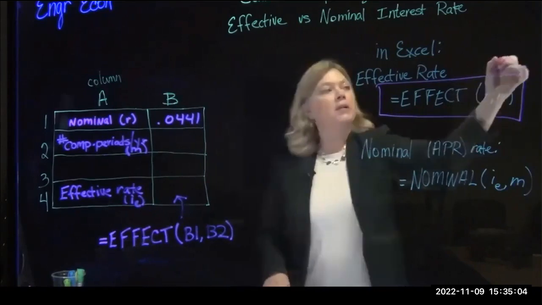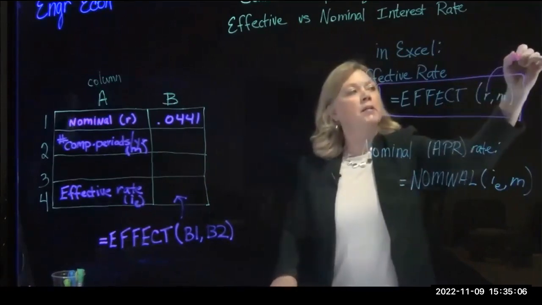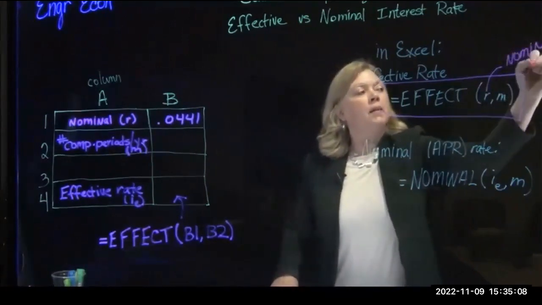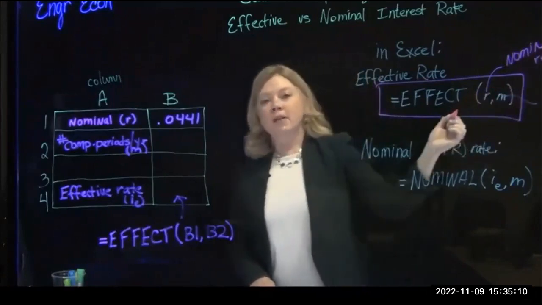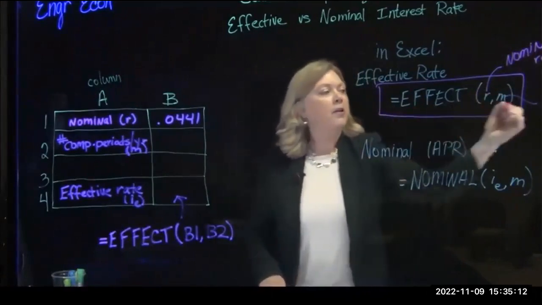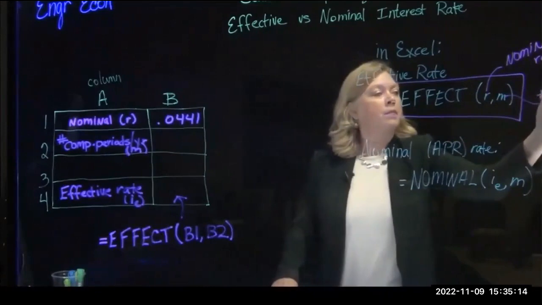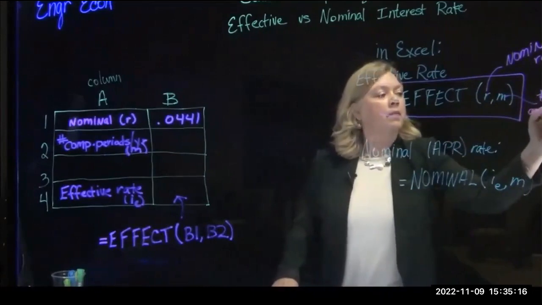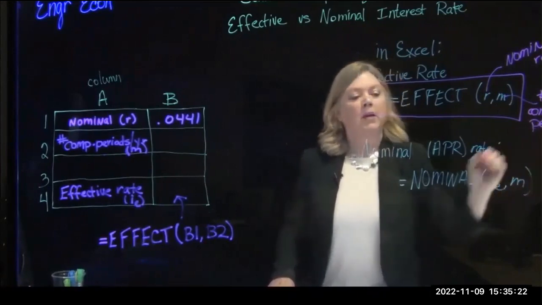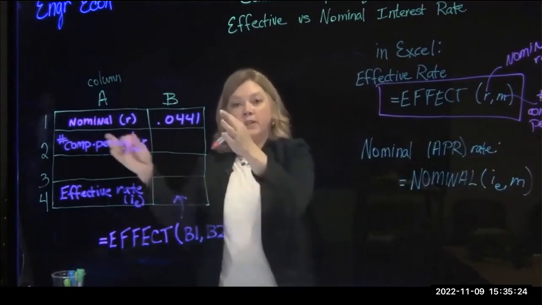R, remember, is the nominal interest rate that you're given, and M is the number of compounding periods per year.